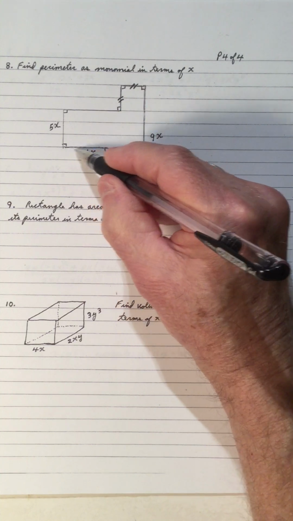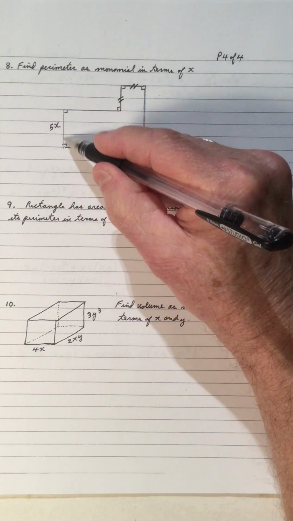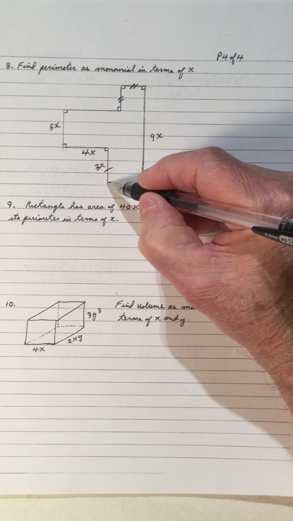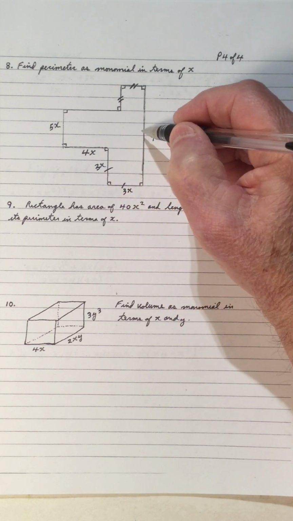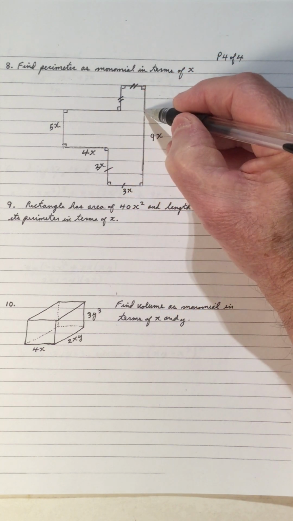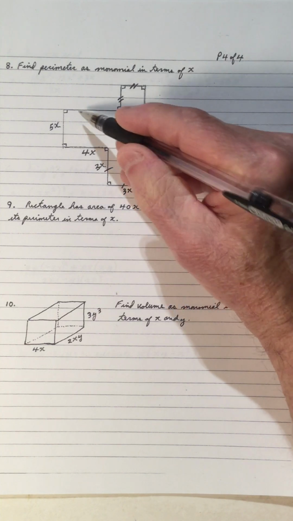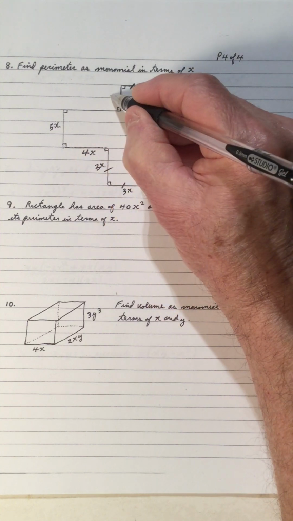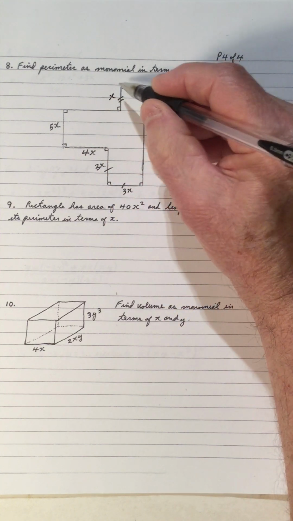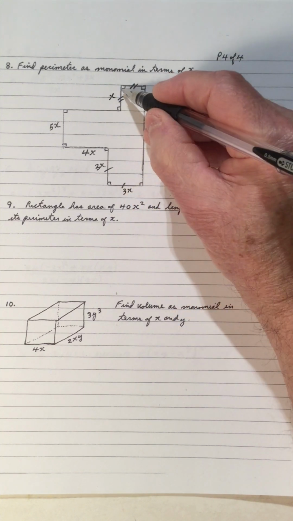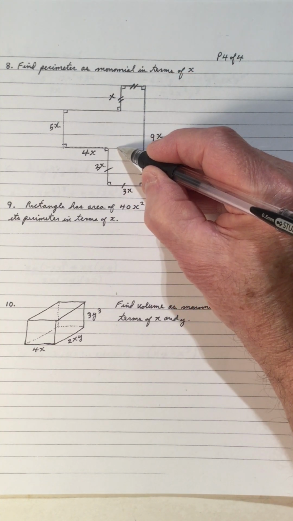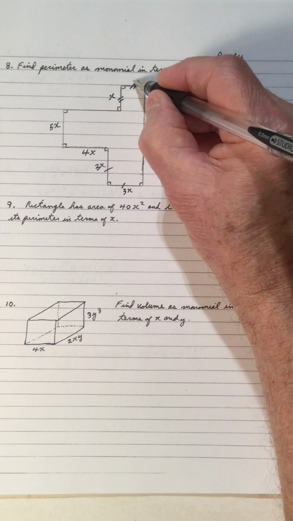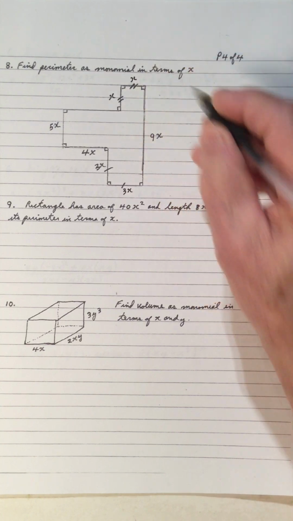Now, that's a 5x. This is a 3x. So if I went from here to here, it'd be 8x. That means if this is 8x from here down to here, which is 5x and 3x, then 9x subtract 8x means that's an x. So if you left here and went straight down, that's an x. That's a 5x. That's a 3x. Makes the same length as this. That's an x. This is the same. So this is an x.